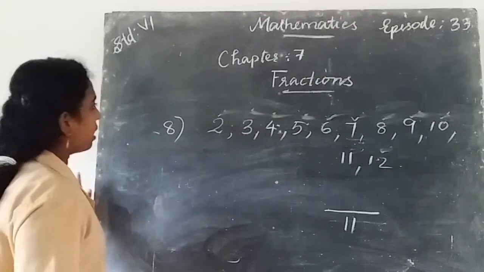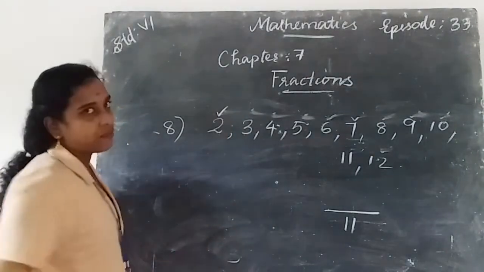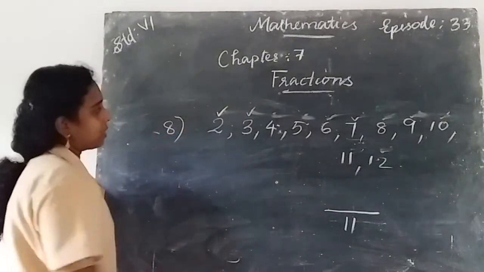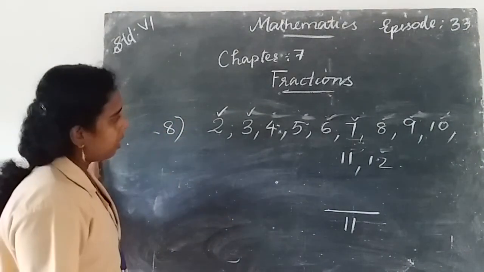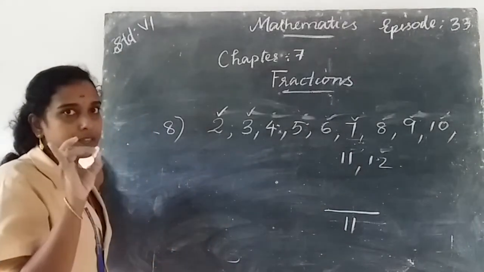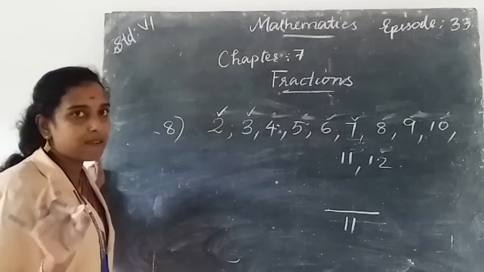Here we can see that 2 has only 2 factors, 1 and 2. And 3 has only 2 factors, 1 and 3. 4 has 3 factors, 1, 2 and 4, so 4 is not a prime number.